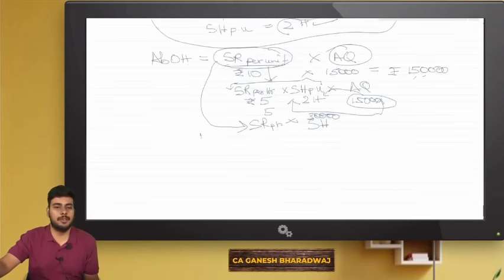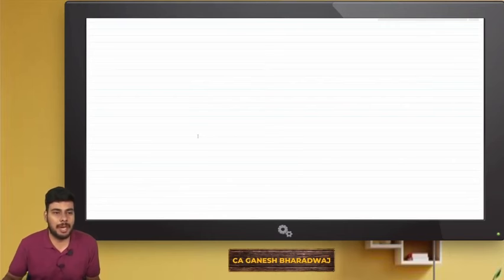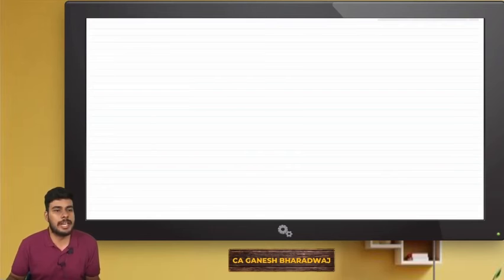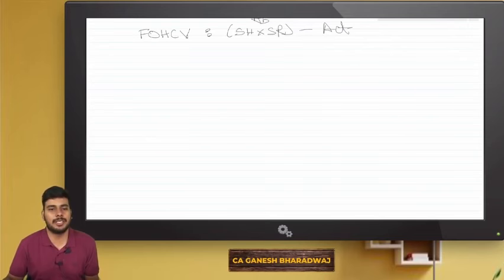Now, you guys tell me. We will write this formula for fixed overheads once again. So tell me, what's the formula for fixed overhead cost variance? Standard hours into standard rate, that is nothing but absorbed minus actuals. Correct or not?